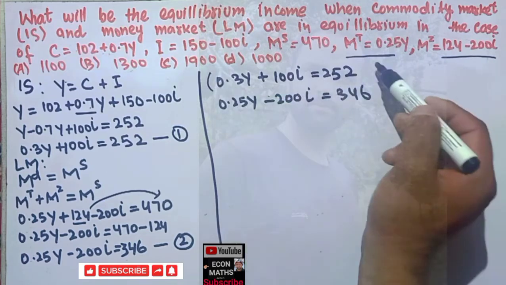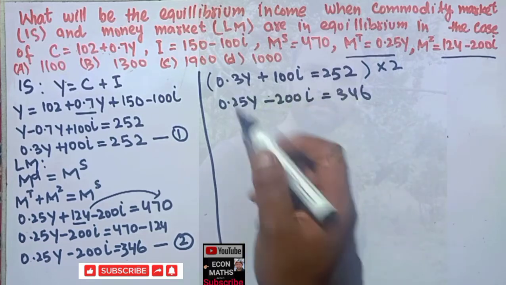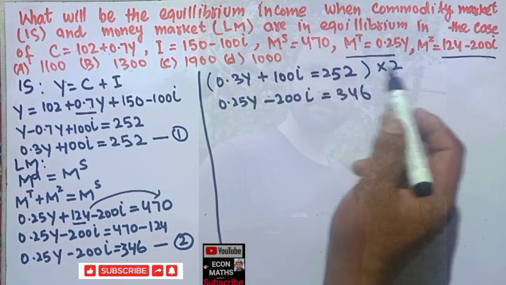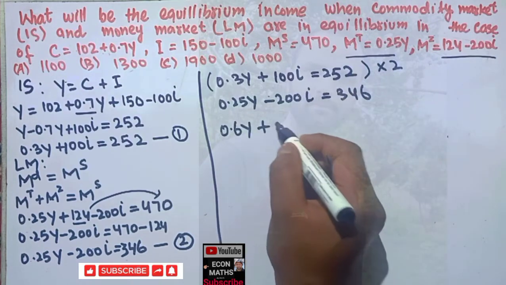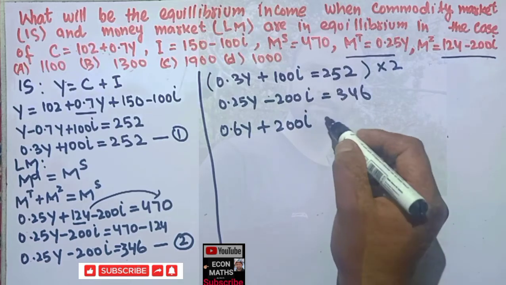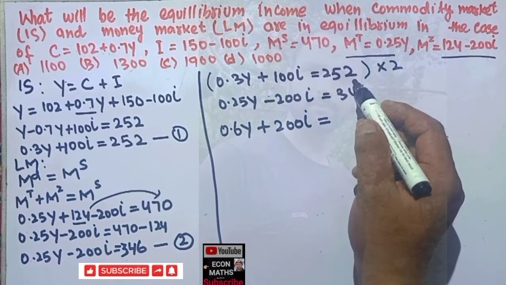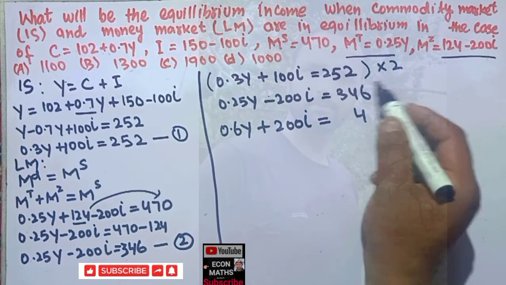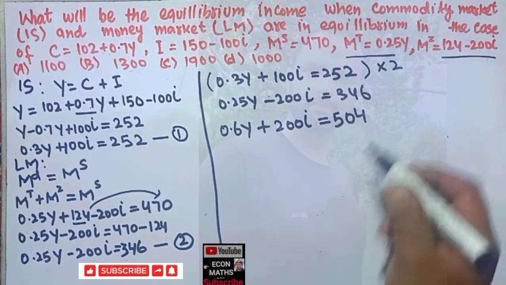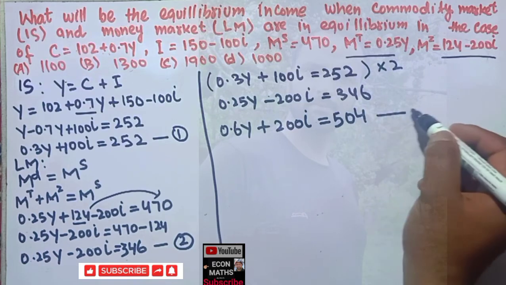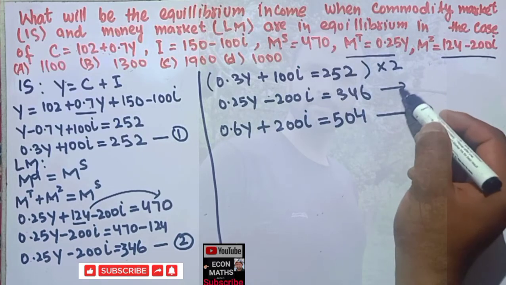If we multiply this equation by 2, we can write it like this: 2 into 0.3 is 0.6y plus 100 into 2 is 200i is equal to 252 into 2, which is 504. Let this be equation third. This was our equation second.